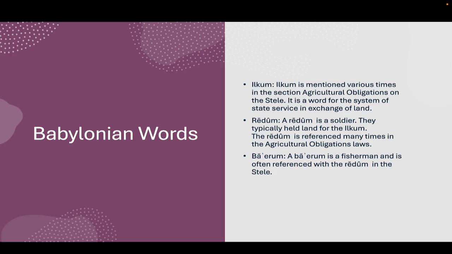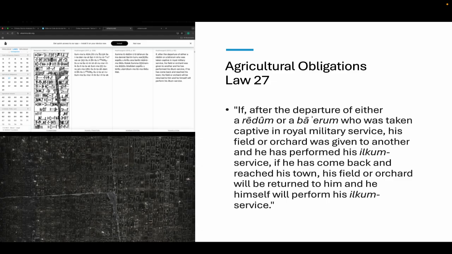They were referenced more so than the ilkum, with the laws applying to them instead of laws applying to them about the ilkum. And they were typically mentioned together, as well as with the Bairam, which is a fisherman. I would like to apologize in advance in case I most likely didn't pronounce any of those right.